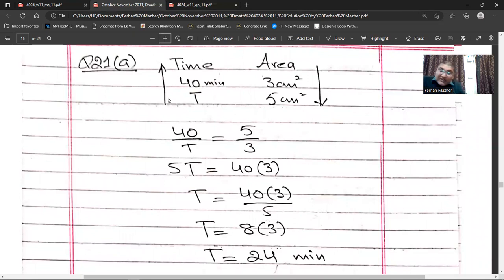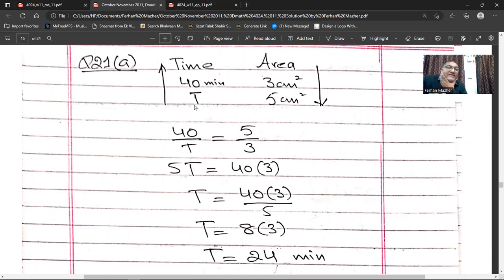When the pipe's area is smaller, the time taken is more. I will put one arrow straight and the other arrow downward. Both arrows are in opposite directions, which shows that they are inversely proportional.